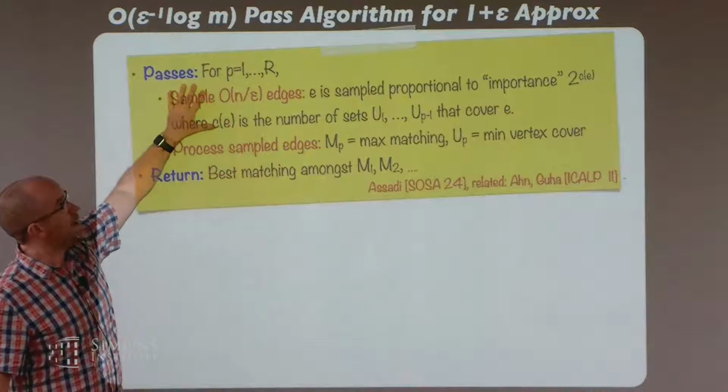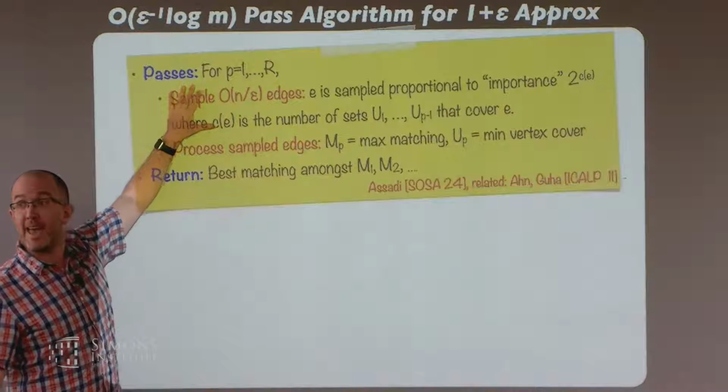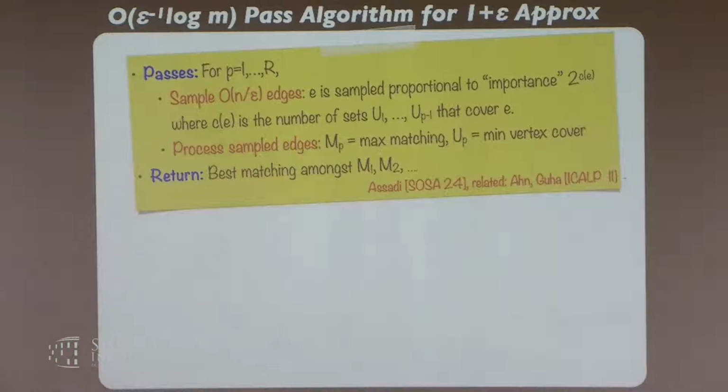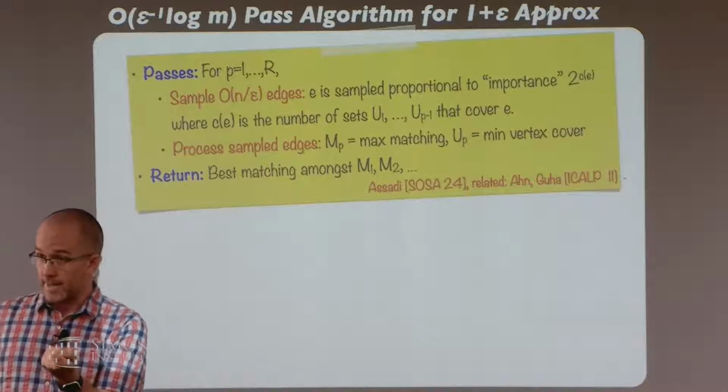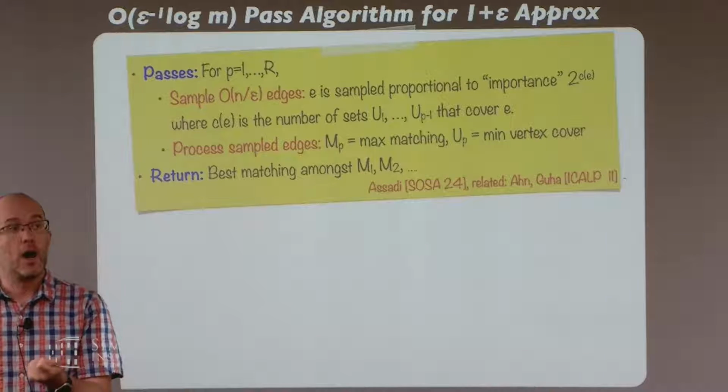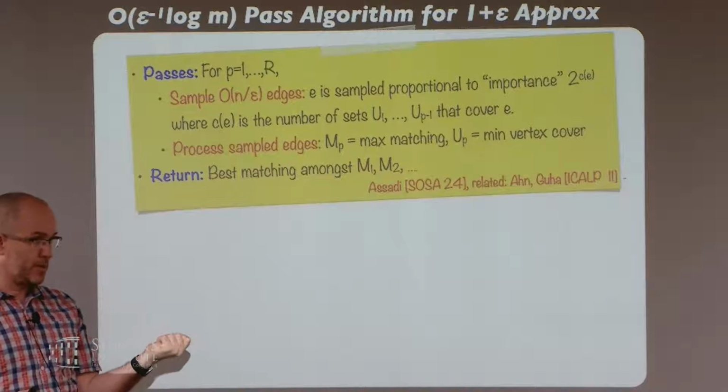Okay. So why did we bother computing minimum vertex covers? Well, let's go back to what we were doing during the stream. I said we're sampling n over epsilon edges. Now, we're not actually going to sample these n over epsilon edges uniformly. Rather, every edge we encounter, we're going to give a weight to. And the weight of an edge is going to be a function of the vertex covers we've produced.